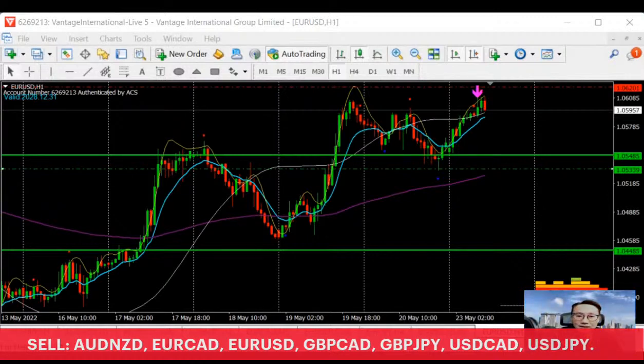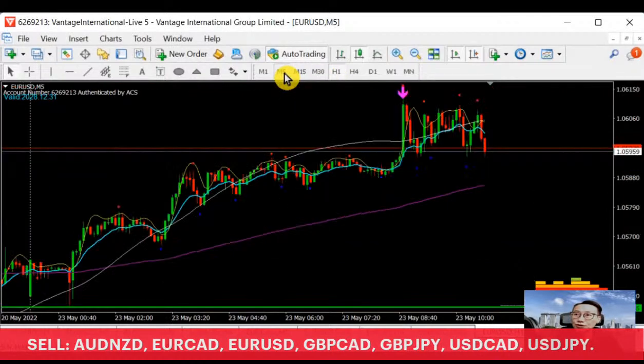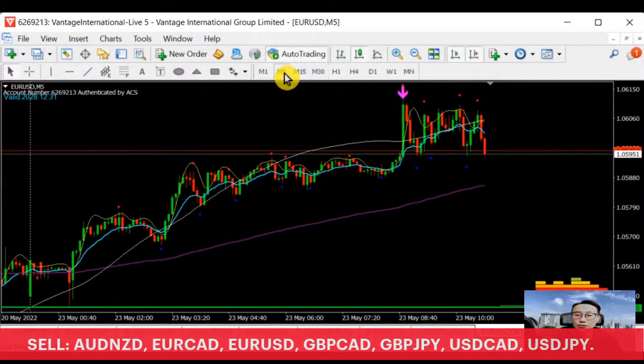Right, so now let's take a look right here. Euro dollar. Wow, Euro dollar. Pay attention to Euro dollar. Let's take a look at Euro dollar.